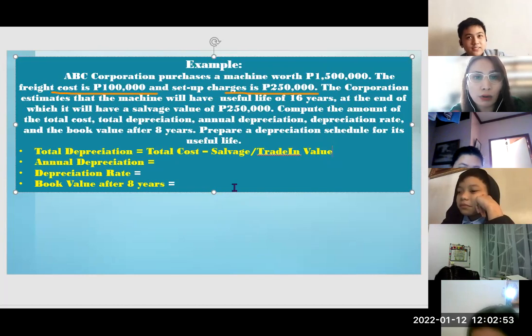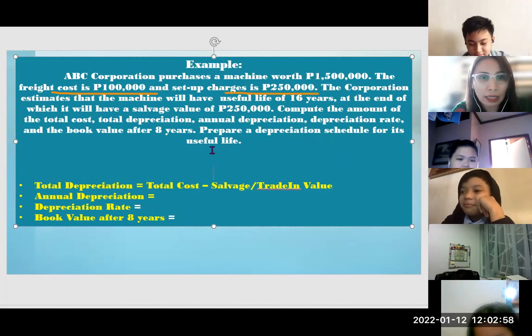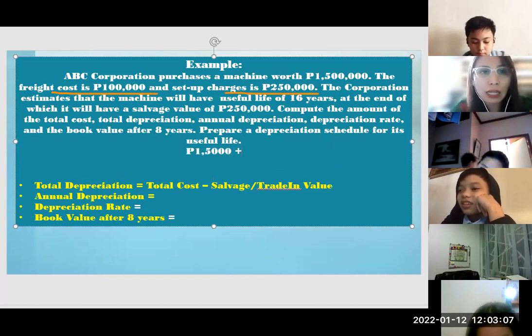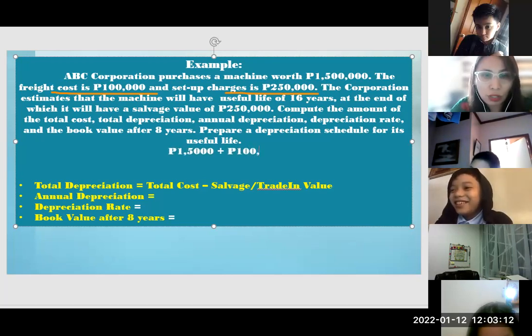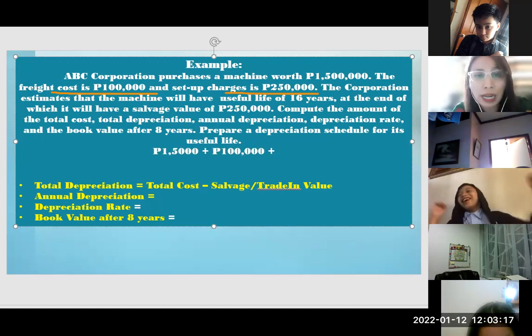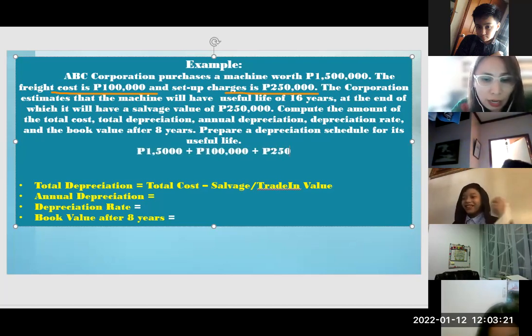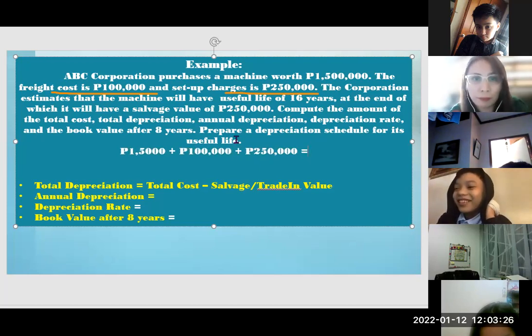Now, paano po yun? Computein. So, extend ko lang this one. Ayan. So, this 1,500,000 pesos, we need to add the freight cost na 100,000 pesos. And add din natin yung installation charge or yung setup charges na 250,000 pesos. What's the sum? Miel.